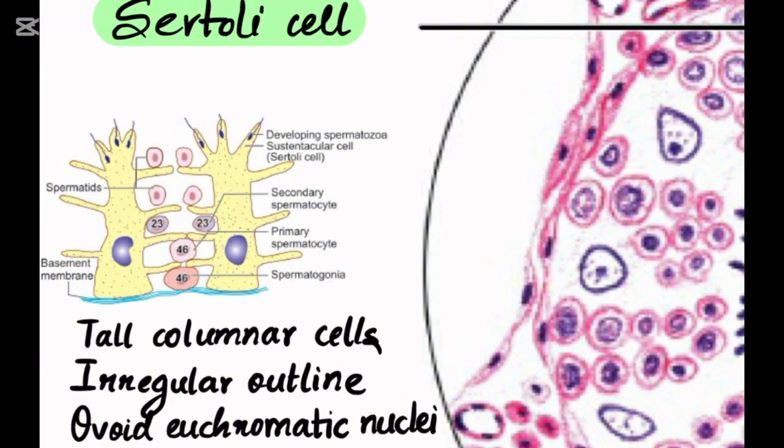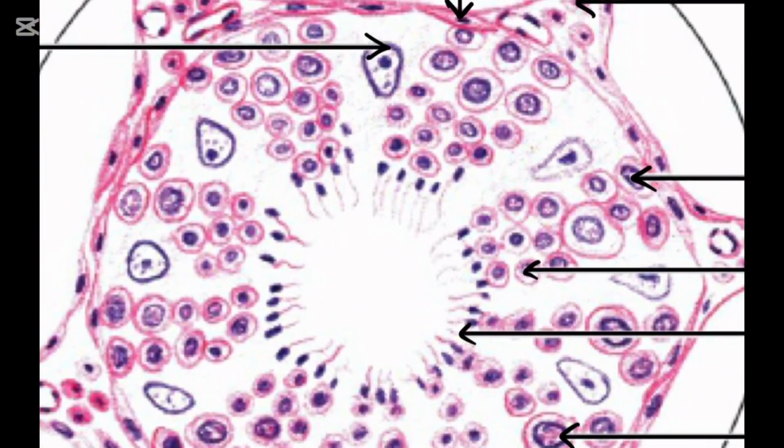Another thing you might have noticed is that the appendages of the Sertoli cell have compartmentalized the process of spermatogenesis. You can see spermatogonia in the lowermost compartment, then primary spermatocytes in the compartment right after that, then secondary spermatocytes in the compartment after that, then spermatids, and then sperms. The heads of sperms are lodged inside the Sertoli cell. Okay, let's look into the histology as well.